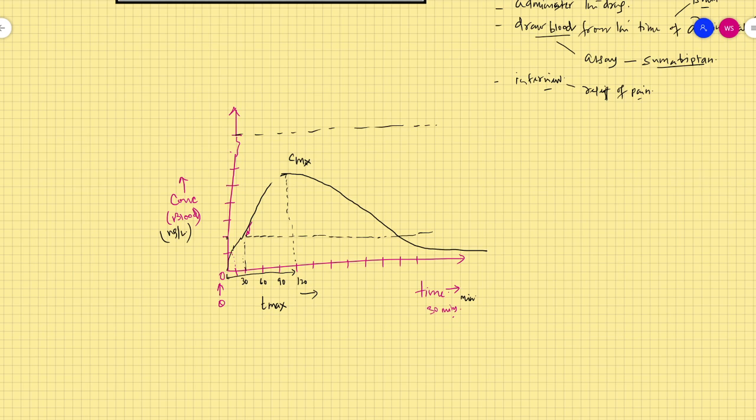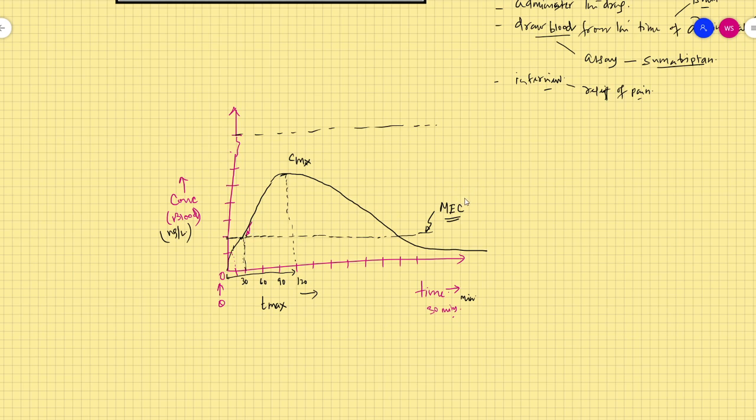Let's say the patient tells us that at approximately 30 minutes the patient is beginning to feel relief from the pain. So the concentration at which the patient begins to feel relief of the pain is called minimum effective concentration.